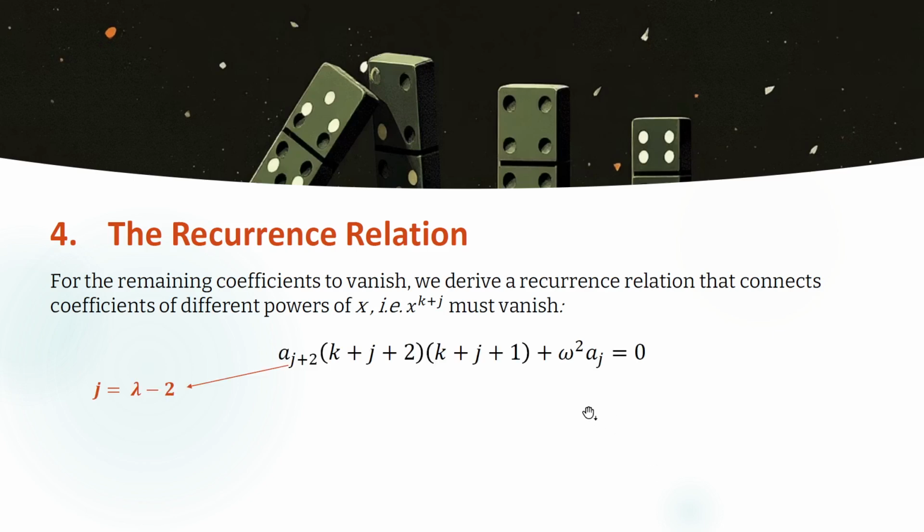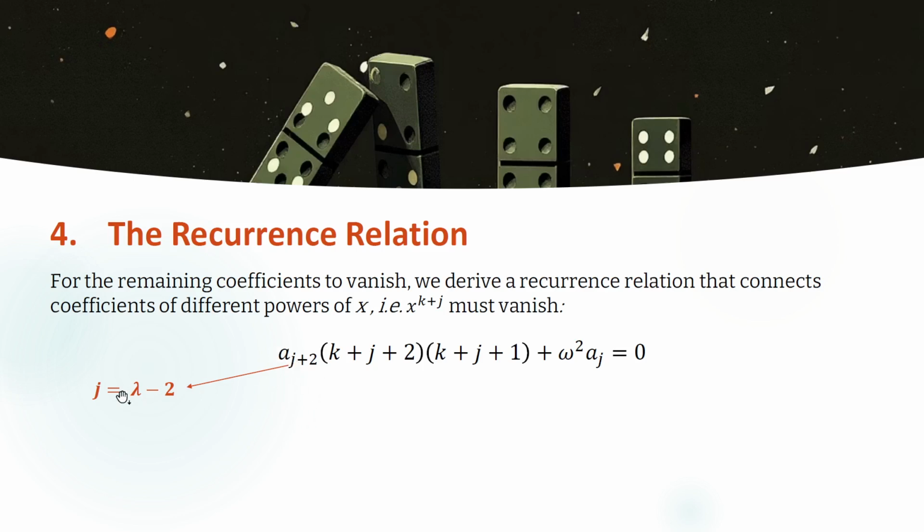So the equation now becomes a sub j plus 2 times k plus j plus 2 times k plus j plus 1, plus omega squared times a sub j, is equal to 0, where obviously j is equal to lambda minus 2.